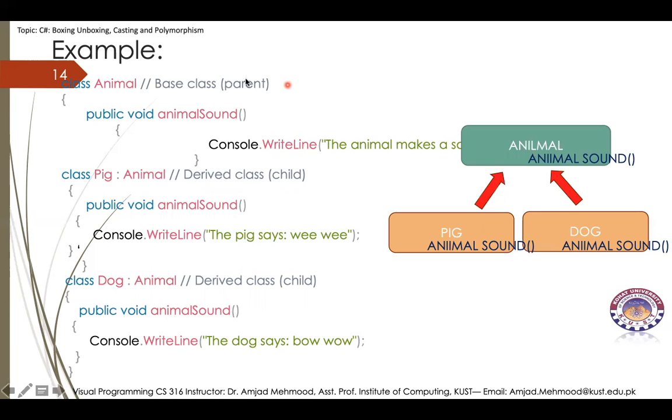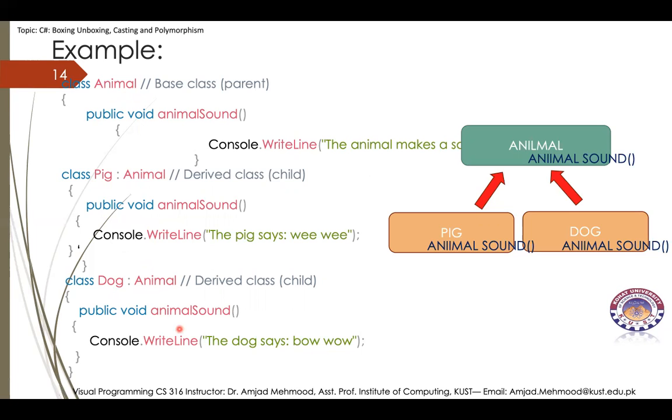Here you can see that we have an animal class, then a pig class derived from the animal class, and a dog class derived from the animal class. According to other object-oriented languages like Java, this concept would be called polymorphism.